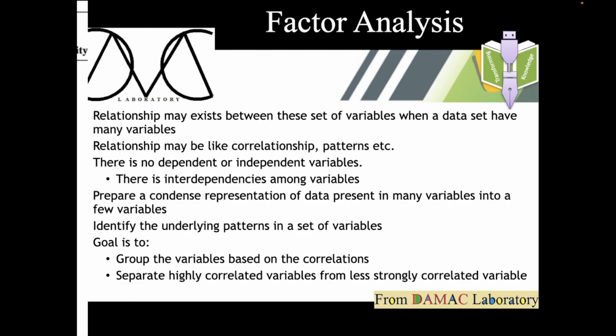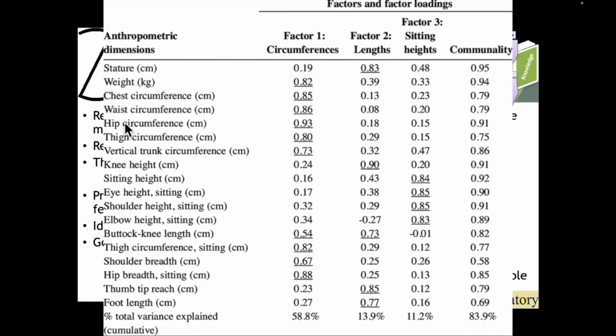For example, these are the attributes of a human that I showed you earlier, and we can create factors from these 18 attributes. We can group these 18 attributes into three different factors: factor 1, factor 2, and factor 3. What name you give them is a different matter.